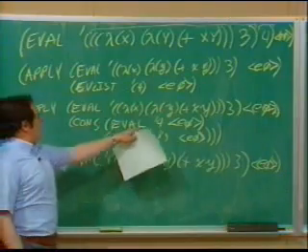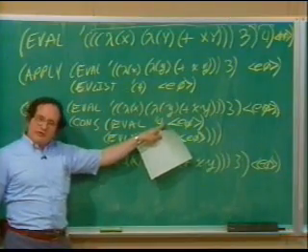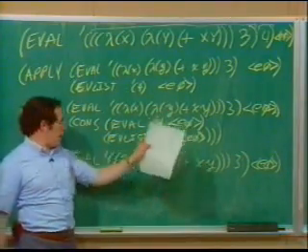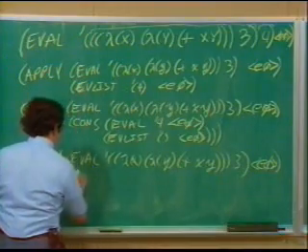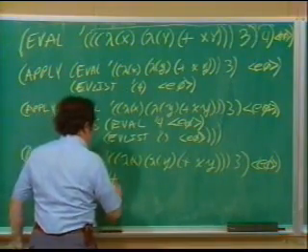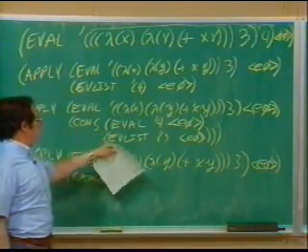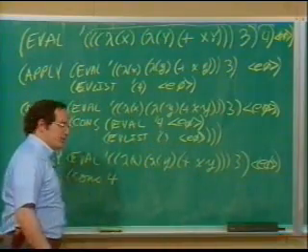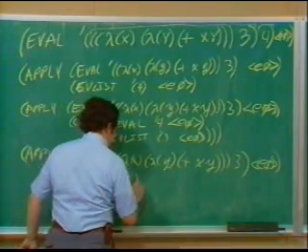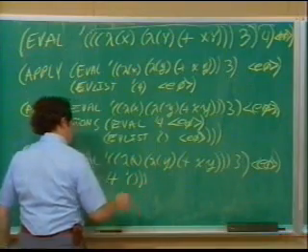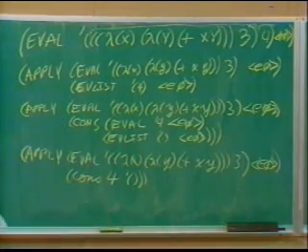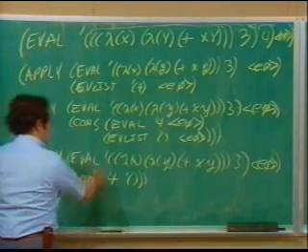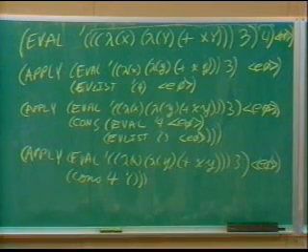Applied, well, eval of 4, that meets the question, is it a number? So that's const, right? Const of 4. And evlist of the empty list is the empty list. So that's this. Okay? And that's very simple to understand because that means it's just the list containing 4 itself.